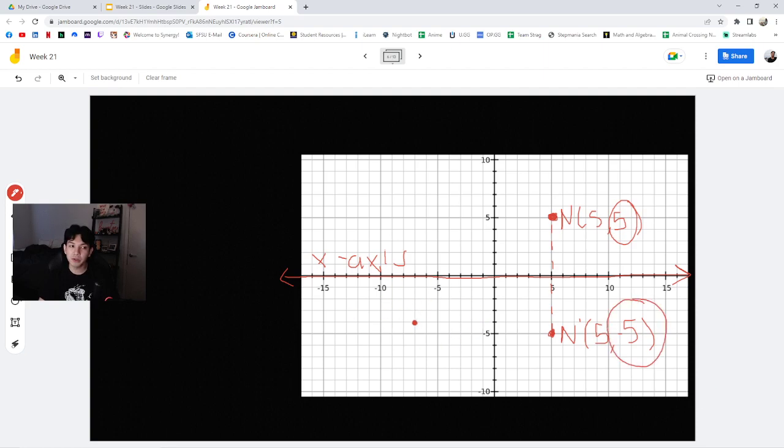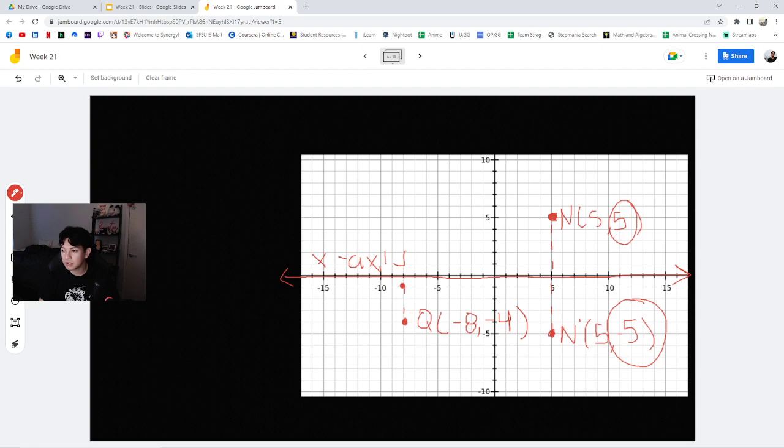The same way we would do it if we started out with a negative number. So for example, if I have this point over here, negative 8, negative 4, we'll call it point Q. If I reflect about the x-axis, now we're going to go up.